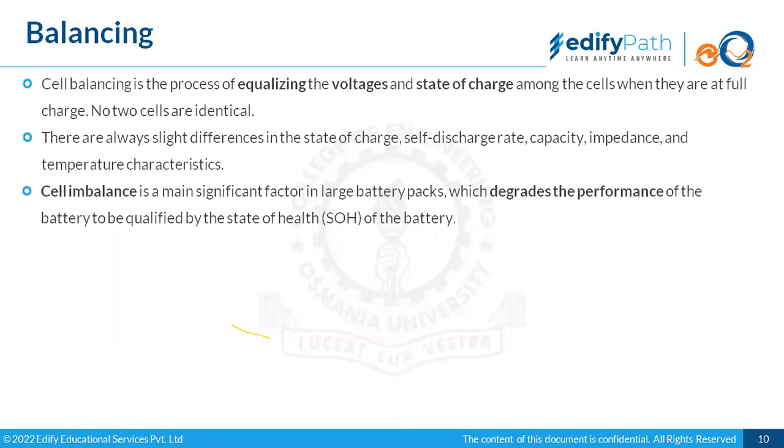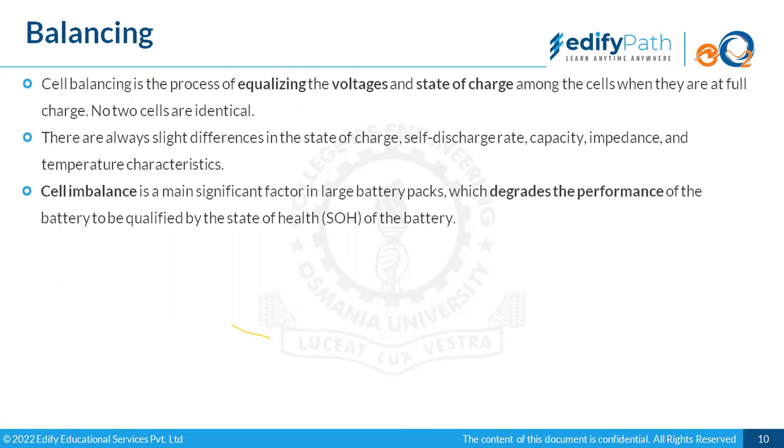Cell imbalance is a significant factor in large battery packs, which degrades the performance of the battery, qualified by the state of health of the battery. If this condition prevails, this error percentage, this gap, keeps on increasing, and with more cycles being utilized, this error will grow.